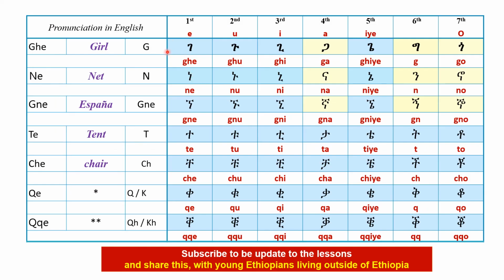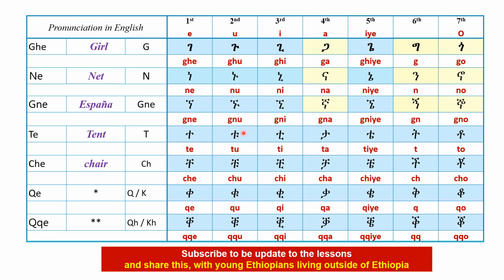Here are only the one-leg letters. Ge, gu, gi, ga, ge, g, go. Ne, nu, ni, na, nye, n, no. Nye, nyu, nyi, nya, nye, ny, nyo.